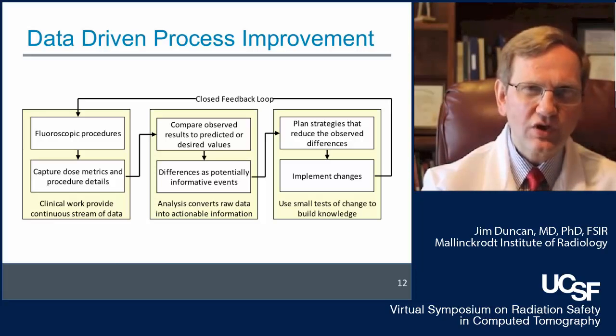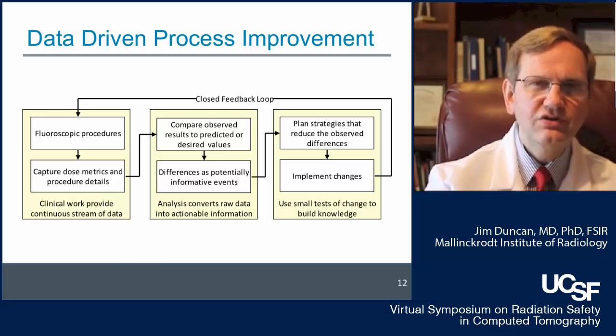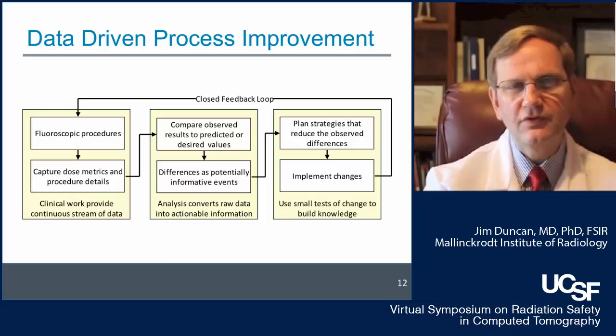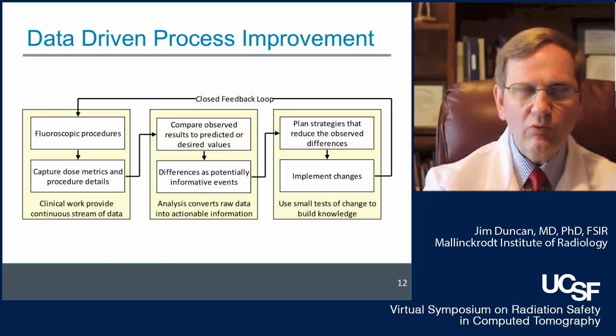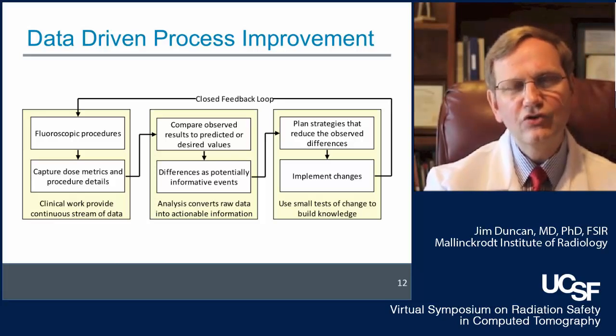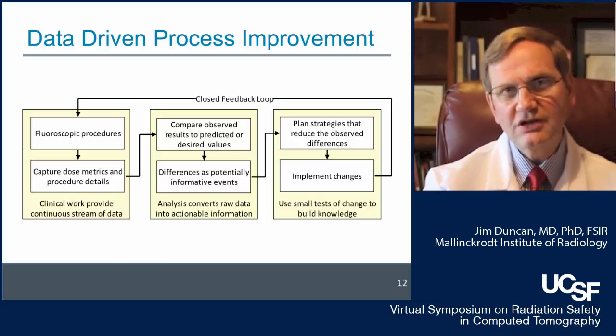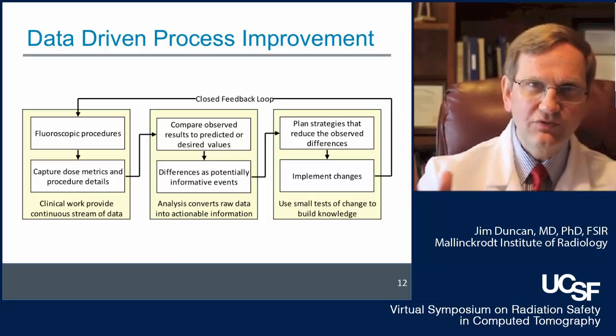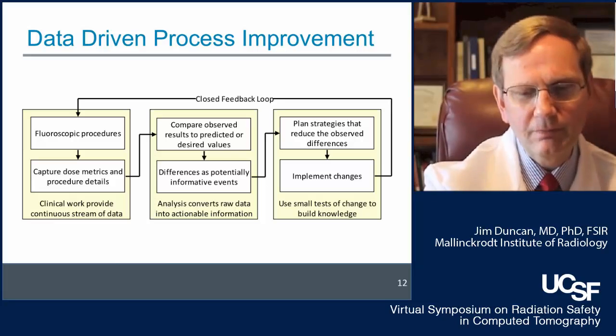And then plan strategies to try and reduce that difference between observed and predicted. And the only way we're going to tell if we're effective in our strategies is to allow the loop to keep running and collect more data down the road and see if we start to null that difference.